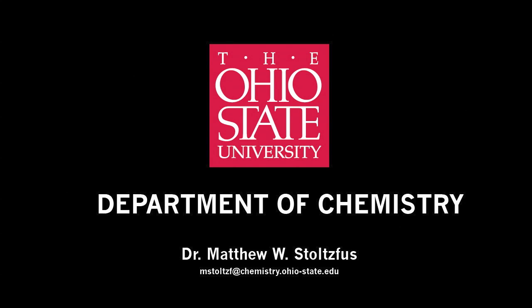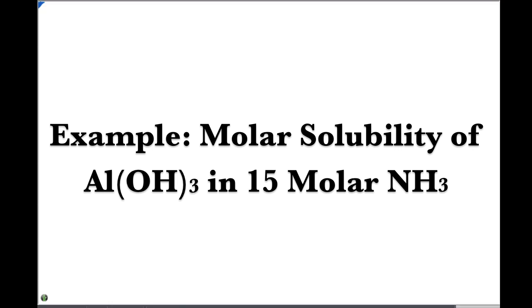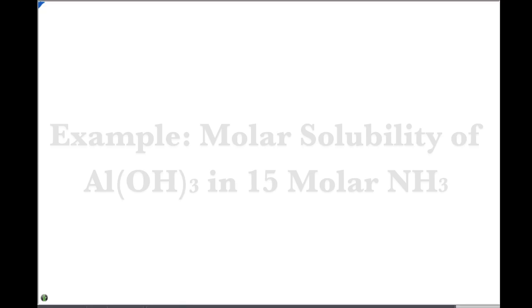So when we finished class last week, we discussed what amphoterism means and how we can look at amphoterism in terms of a complex ion formation that can potentially form.